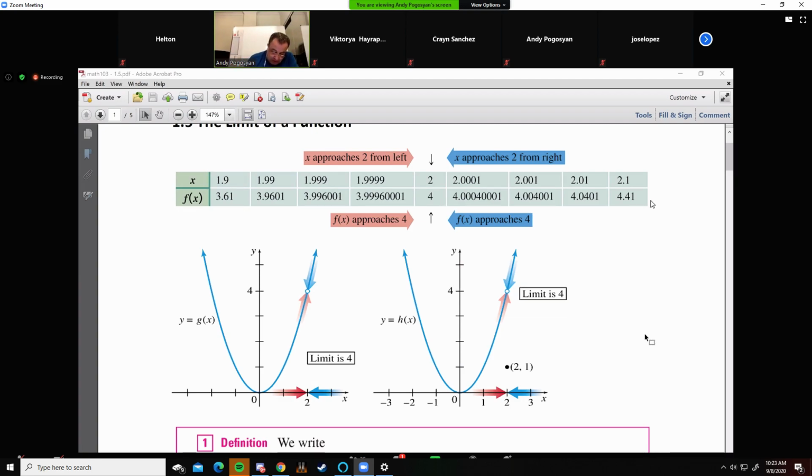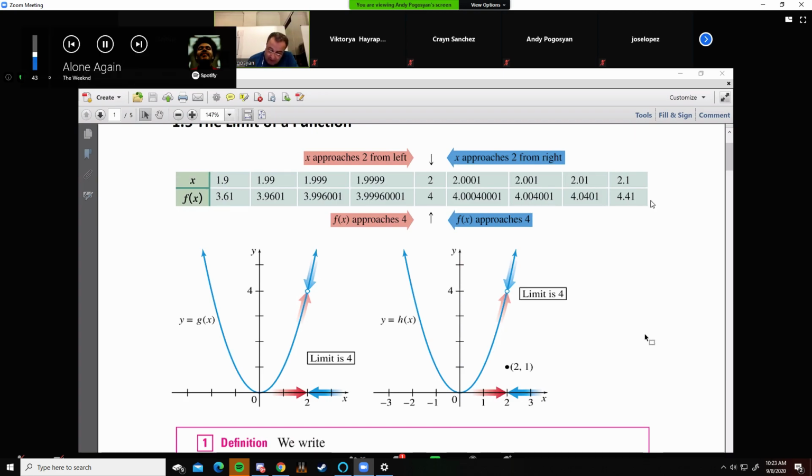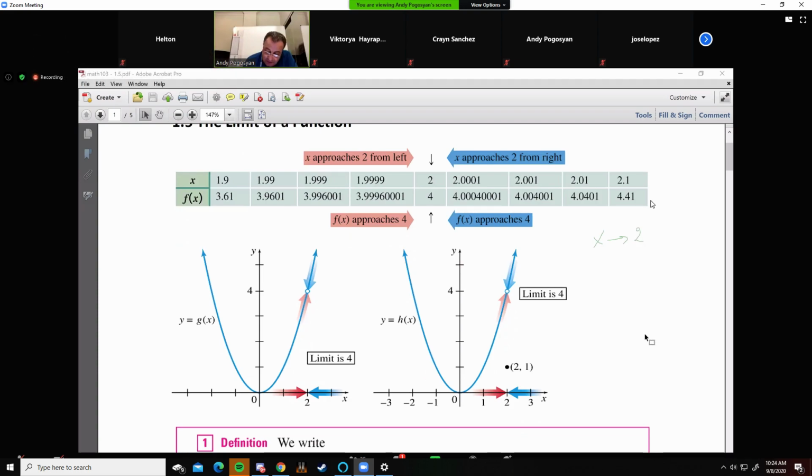Whenever we say x approaches 2, x is not equal to 2. It just gets closer to 2. When x approaches 2 from the left, x is always less than 2. When x approaches 2 from the right, x is greater than 2.